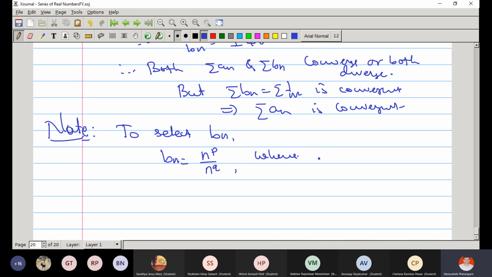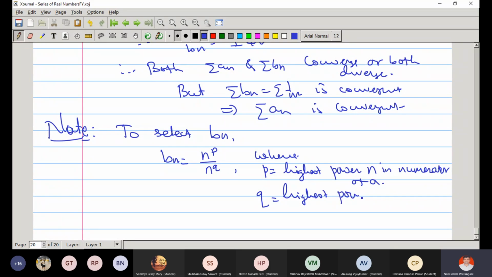How to select p? So p is equal to the highest power of n in the numerator of an. Look at the numerator of an, and what is the highest power of n in it? And what is q?